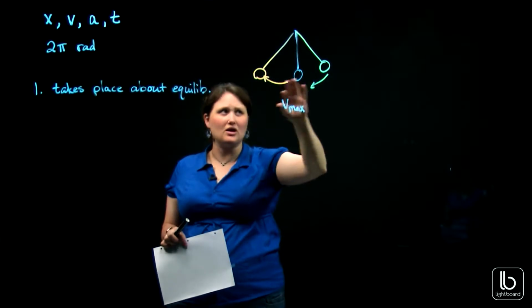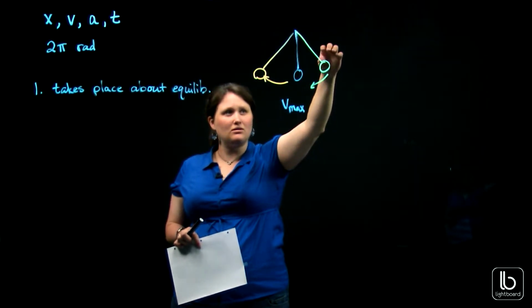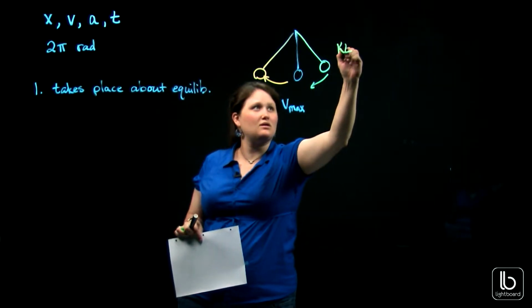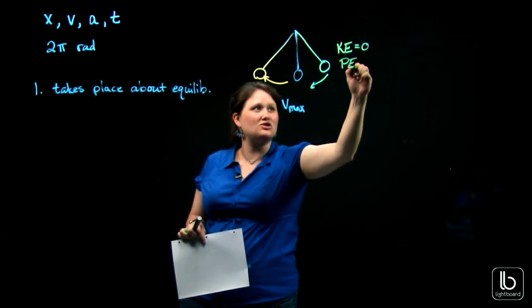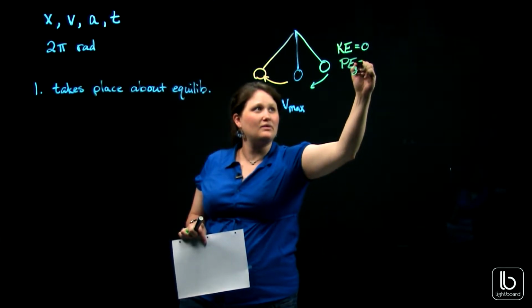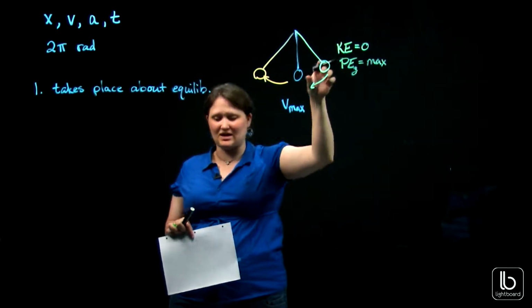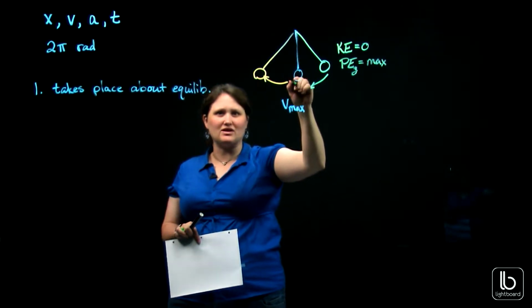or throughout the motion. So if I start with no kinetic energy, so kinetic energy is 0, my potential energy due to gravity is at a max here. So that's as high up as I pull it. What is my potential energy due to gravity here?